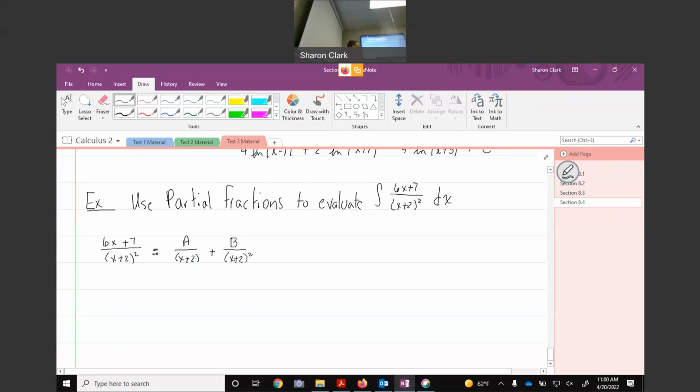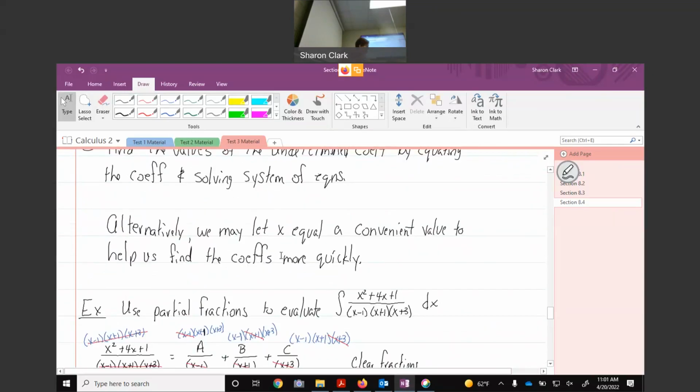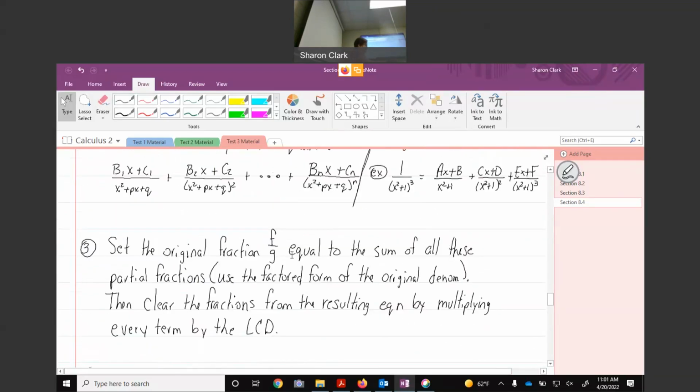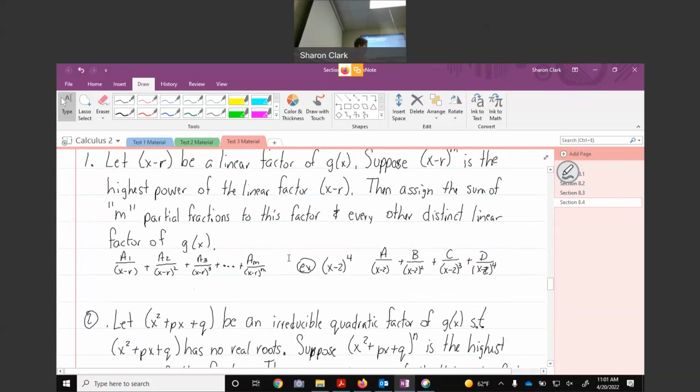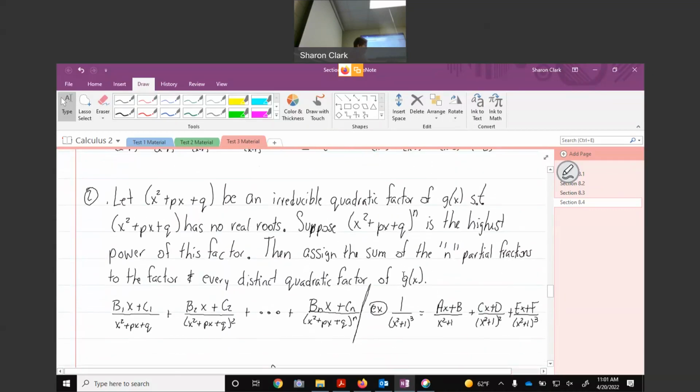Here's the general formula for this, back up here. This is the one right here. That's the quadratic one. So if you have a quadratic, a second degree, the one above it has to be first degree. Notice it's one power below.